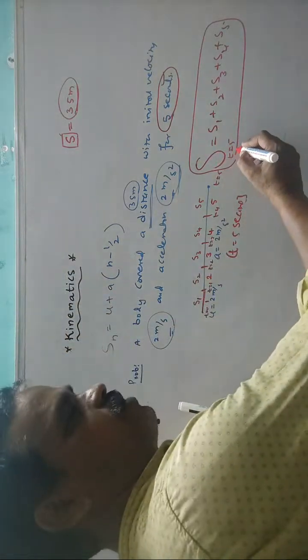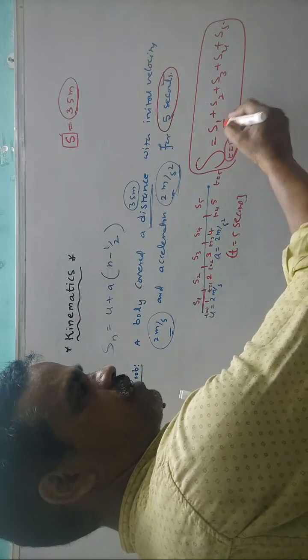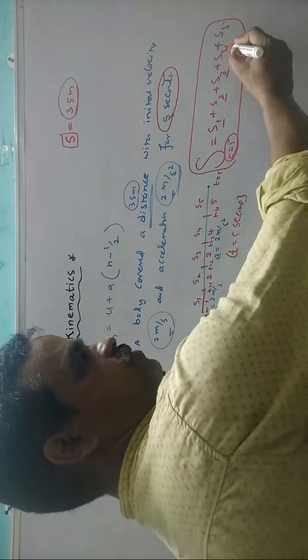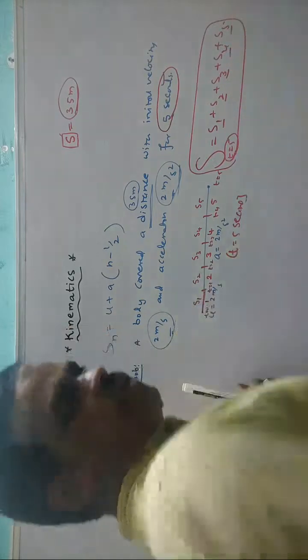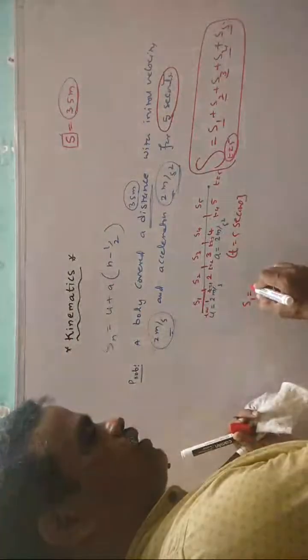The displacement covered by the body in t equal to 5 seconds is equal to the first second displacement, second, third, fourth, and fifth second displacement. So can you prove this one? Can you solve it? That's why I am giving it to you.